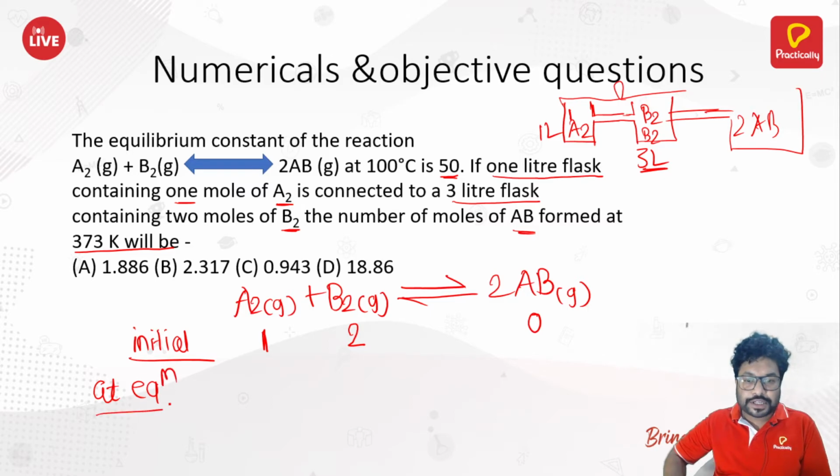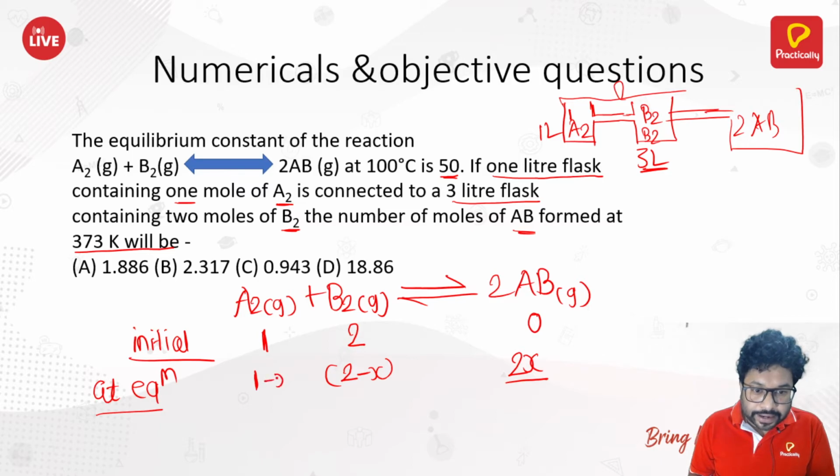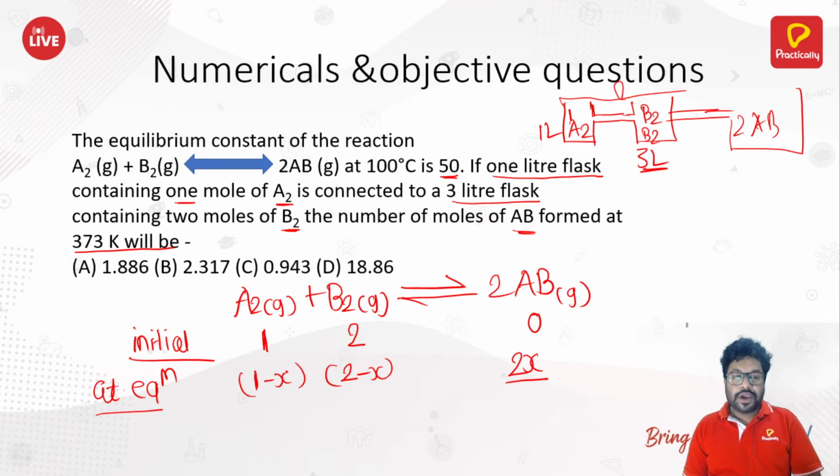Now at equilibrium, what must be happening? You can see the number of moles of AB is 2x. So out of this 2x, one x comes from B2, another x comes from A2, right? So your 2x should be distributed between these two as 2 minus x and 1 minus x. So that is how you got the moles at equilibrium.